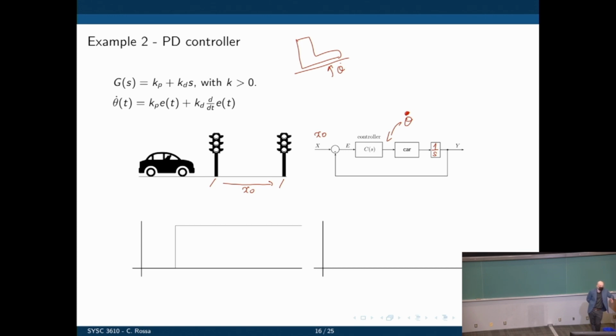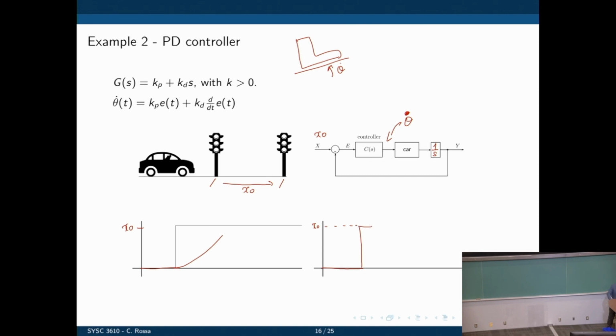And it's too late. We're going to overshoot. So at the beginning, we want to go to X0. Once the traffic light turns green, our desired position becomes X0. The error becomes X0 as well. And now we are applying full speed on the throttle. The throttle will make the car accelerate.